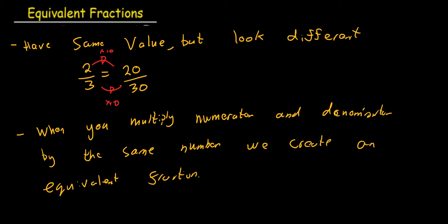Just a quick note on division. We would never divide numerator and denominator to create another fraction. So for example, take 2/3, we would never divide by 5 to do this.